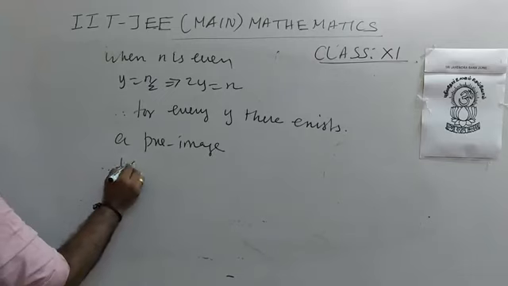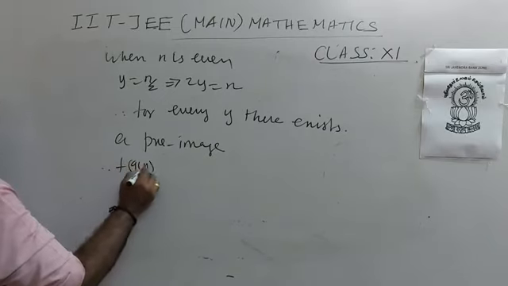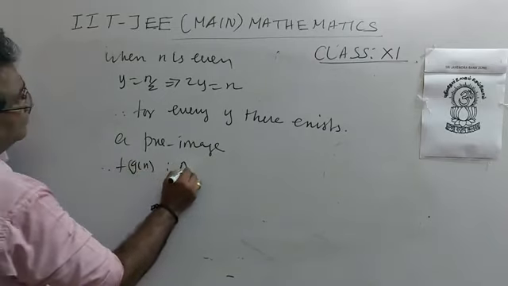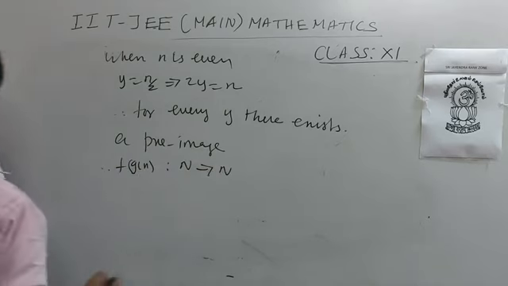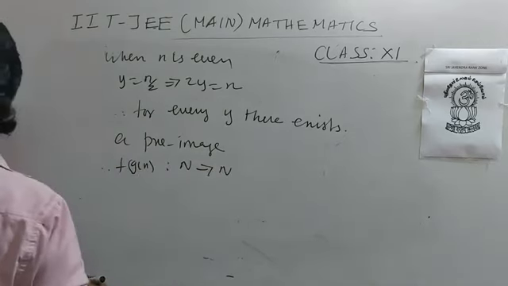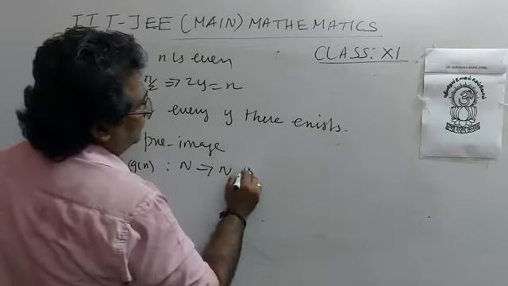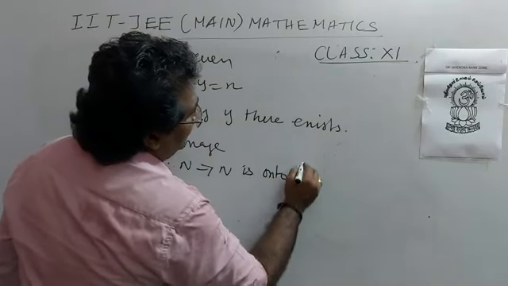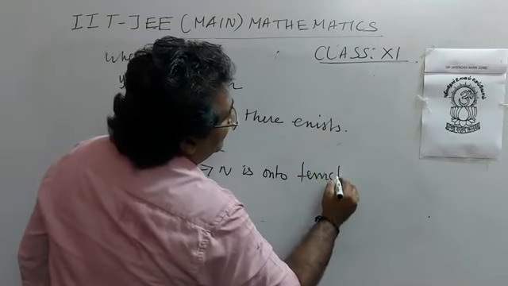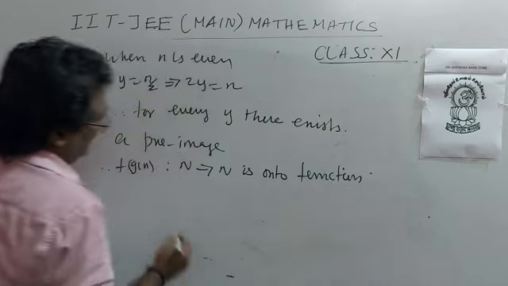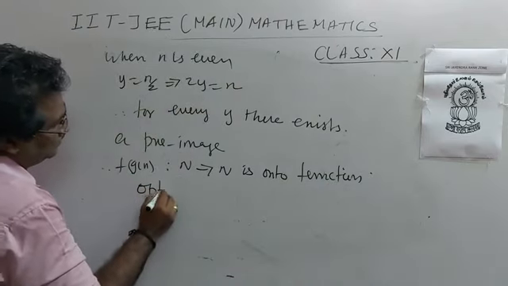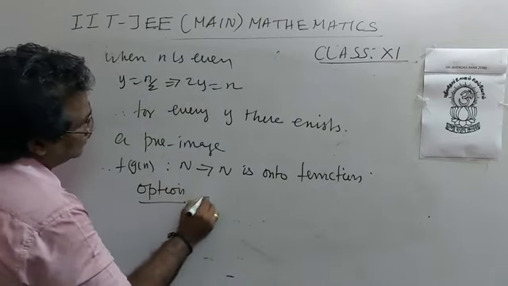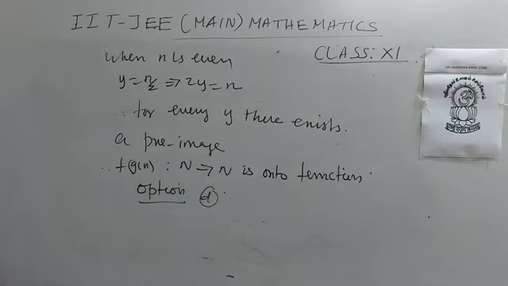Therefore f of g of n from N to N is an onto function. Option D, it's not 1-1 but onto.